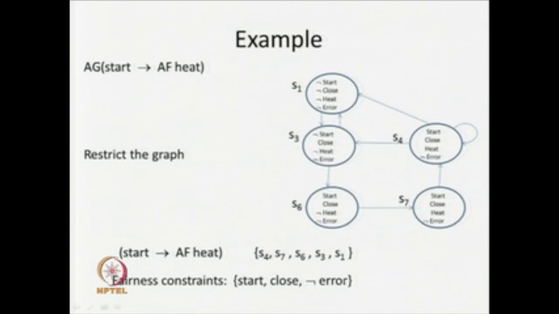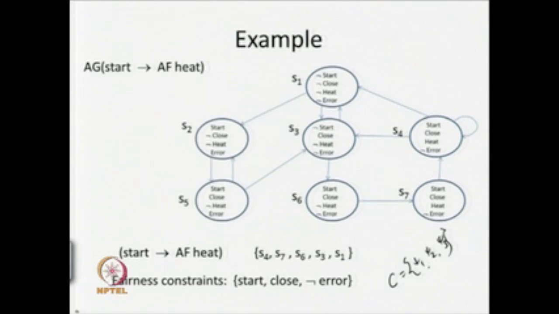With the fairness constraint, we can say that our model is going to satisfy this formula. But if at some point the user stays in this loop forever, then it is not satisfied. But we know the user will use his own intelligence and eventually press the reset button and come to this point.